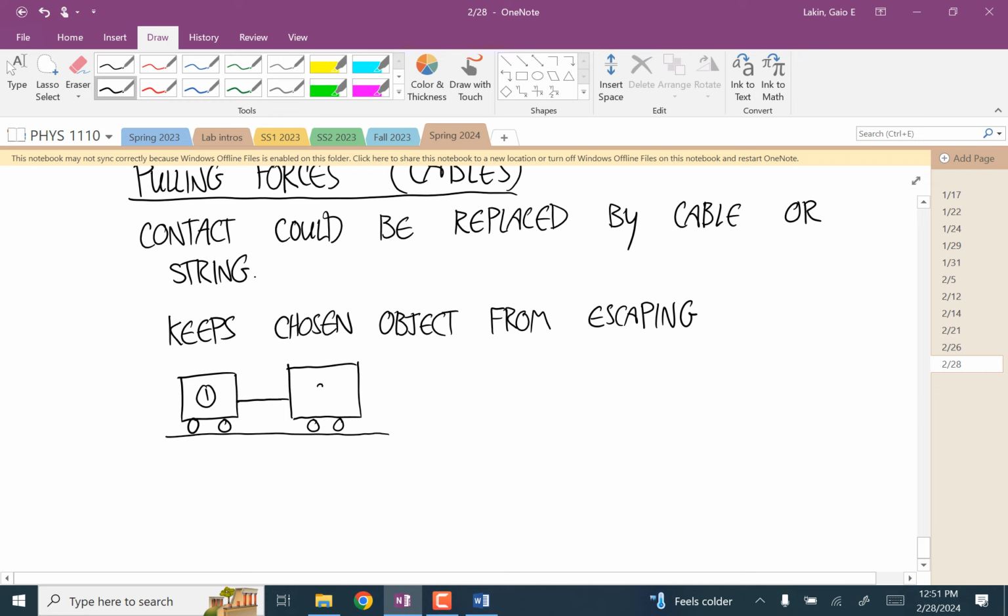This is body 1, body 2, and let's say that there's a force applied this way of 300 newtons. If you apply that 300 Newton force to the right, it's going to make cart 2 roll to the right. What that cable between them does is keep those two things from separating. It's making cart 1 stay with cart 2. So that's a pulling force.